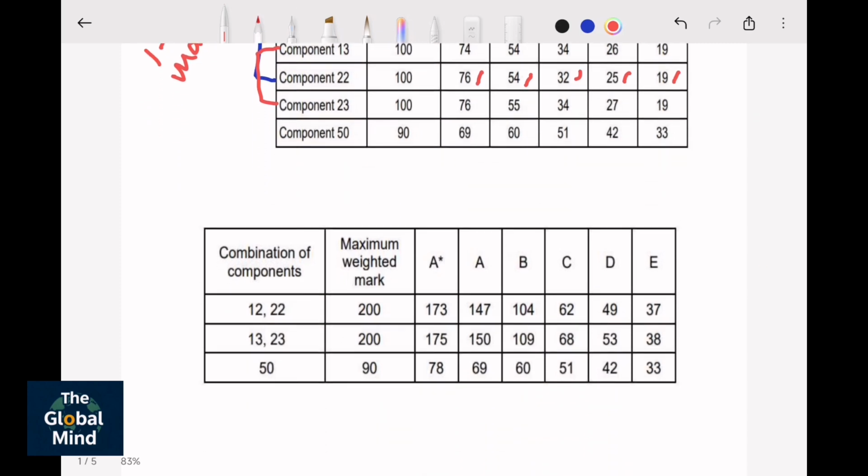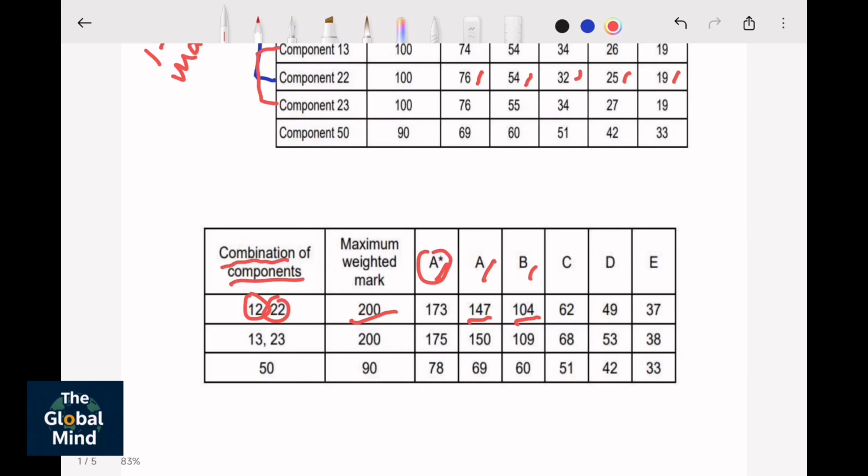Here, this is basically the combination of both component 1 2 and component 2 2. So the total marks are 200. You have to get 173 to get A star. You have to get 147 to get A, and 144 for B, and like this. And similarly, the important thing here is that A star is available only for the aggregate marks, meaning the combination of both components.